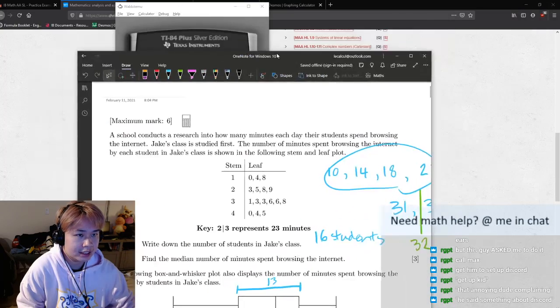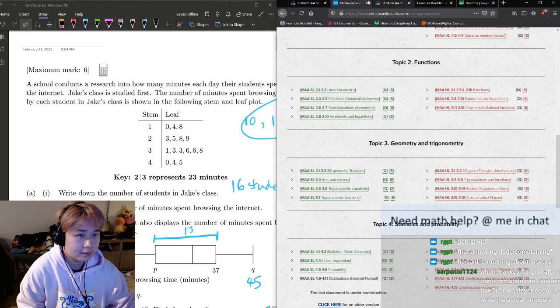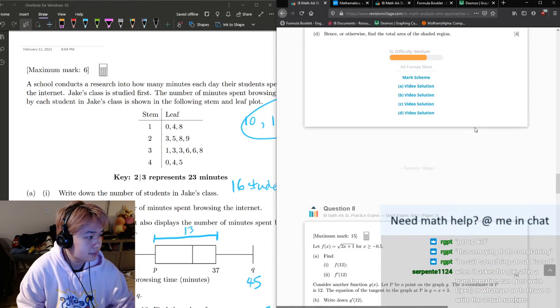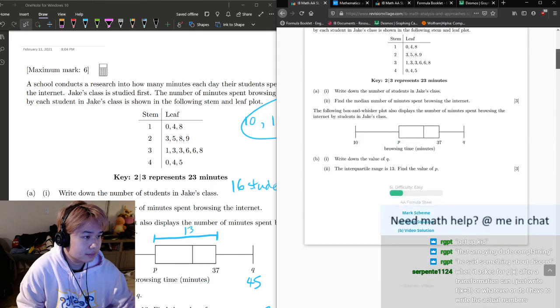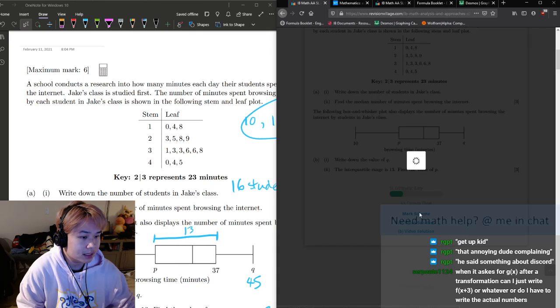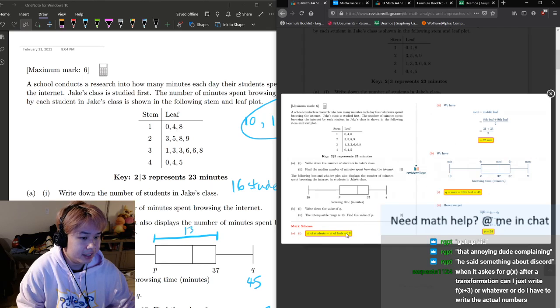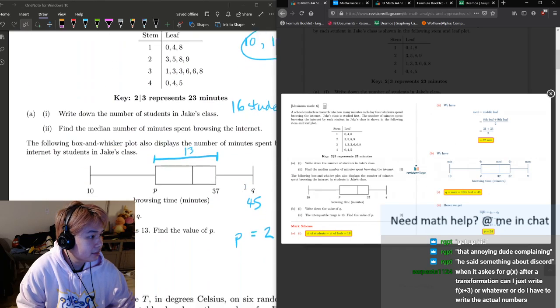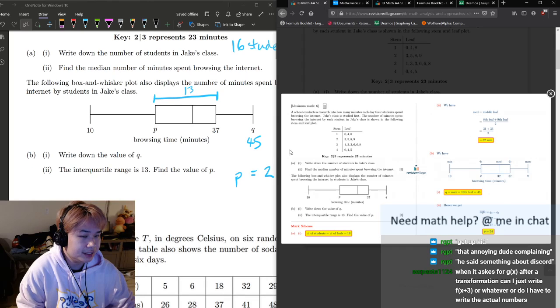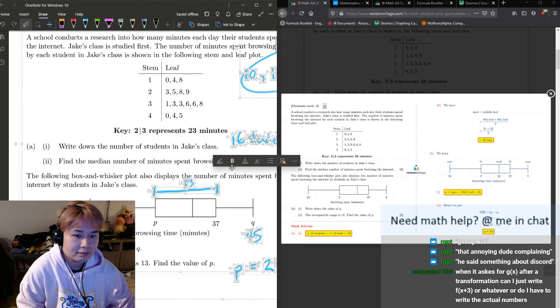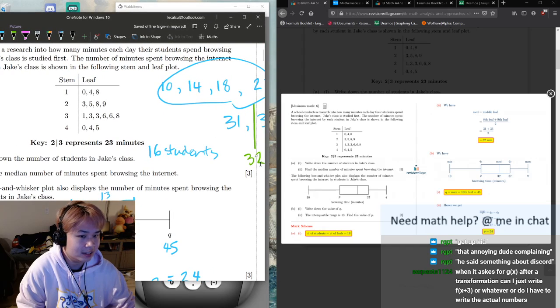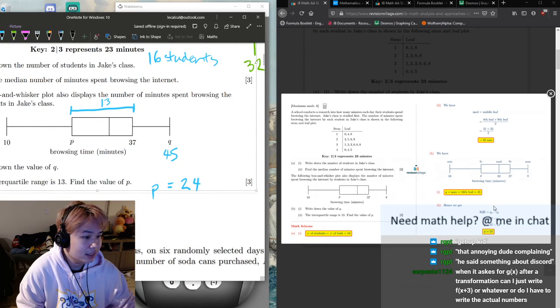So time for a quick check. Okay, so mark scheme. Okay, 16 students. 32 minutes. I think I have that. I can't see it. There it is, 32. 45. This says 24, which I have 24, so that's good.